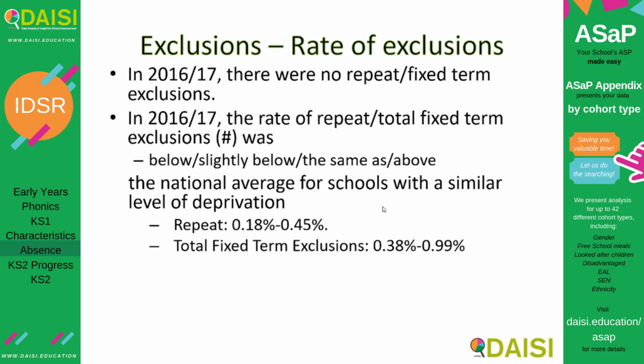Now the national average that Ofsted is using this year is not the national average. Instead, we've divided your school into 5 different quintiles of deprivation as measured by the IDACI. So you'll have schools in the 20% most deprived, and then the next 20%, next 20%, next 20%, and then the least 20%.